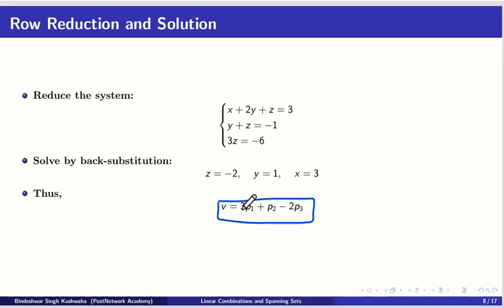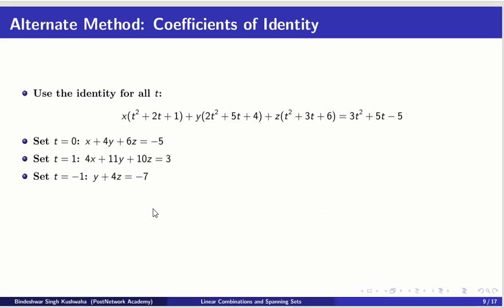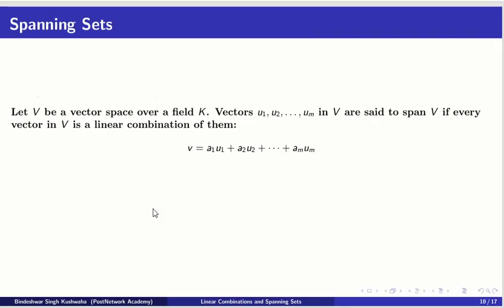So basically we need to find the scalars. Now we can also use an alternate method, but the previous method is general and you can apply it for any vector space, that means for polynomials and for others also.